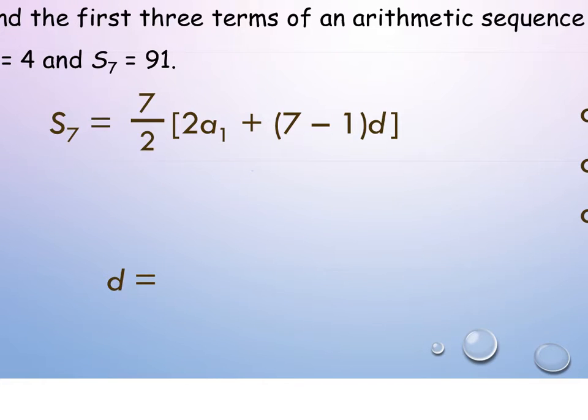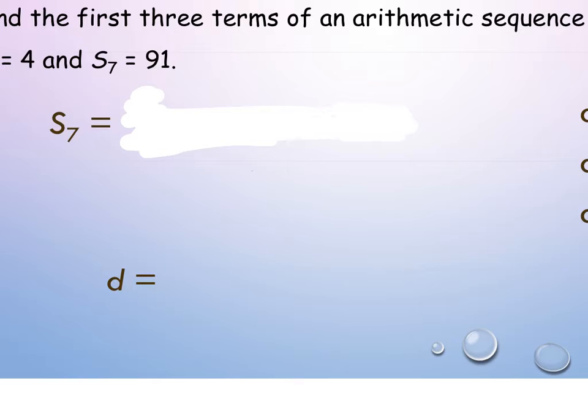Okay, the first thing I'm going to do is get rid of this formula because this is how they do it and it bugs me. All right, there we go. I'm also going to get rid of that. Okay, I know that S sub 7 is 91.